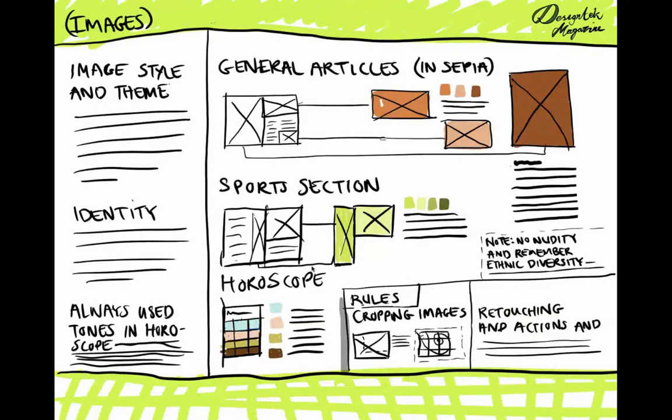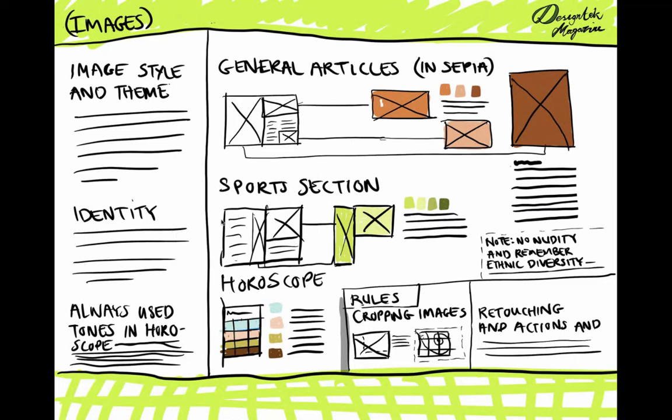Last but not least, well, actually it's the second last chapter, is the image section. Which image style are you going to be using? Which image type is it going to be? Is it going to be different types of images for different types of articles? For example, what kind of images will be used for the sports section? What type of images will be used for the coffee section if your magazine contains that kind of articles, and so on.